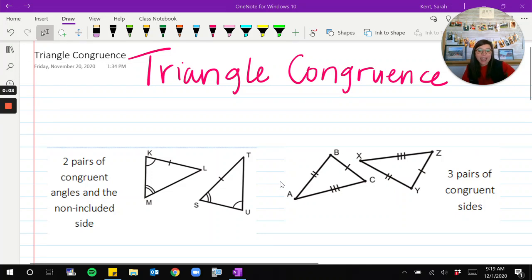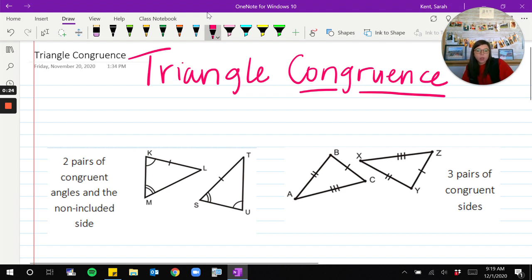Alright guys, today we are looking at triangle congruence. If we know we've been talking about triangles, it's a shape with three sides. And then congruence, this word right here, is from congruent.